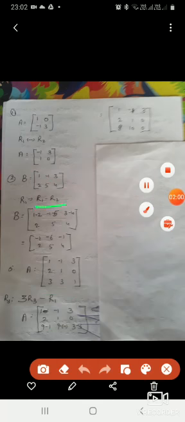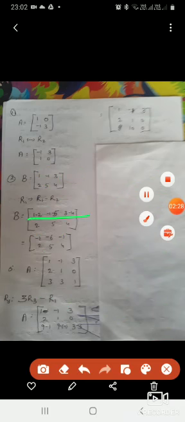R1 is 1, the corresponding R2 value is 2. 1 minus 2, that is minus 1. And next one, R1 is minus 1 and R2 is 5. Next, R1 is 3, R2 is 4, 3 minus 4. So that is the first row. Now this is the value we are going to get.